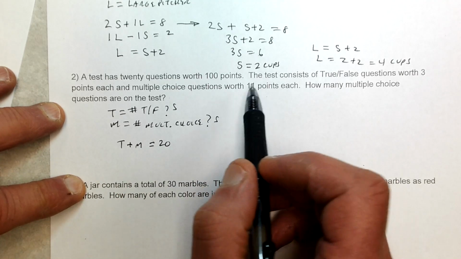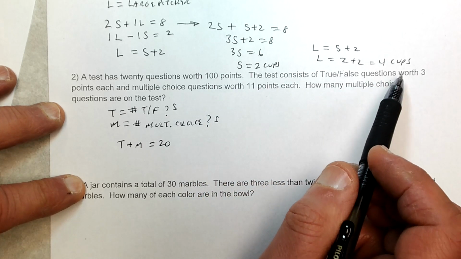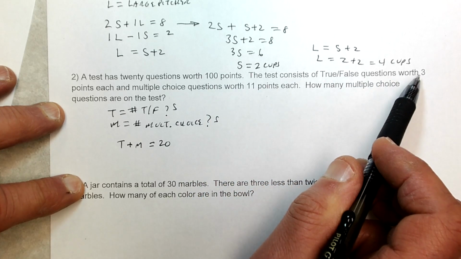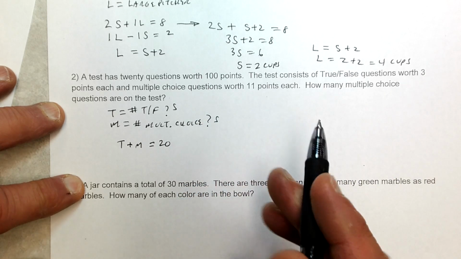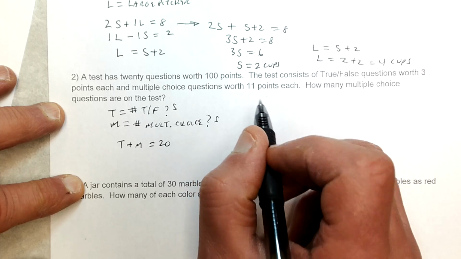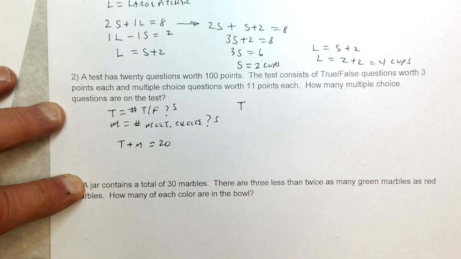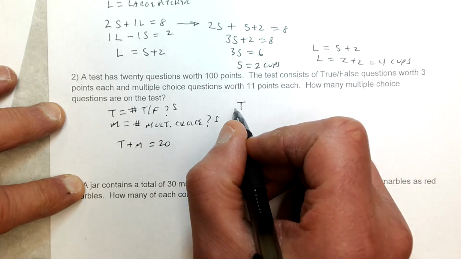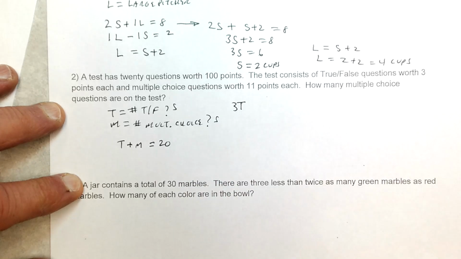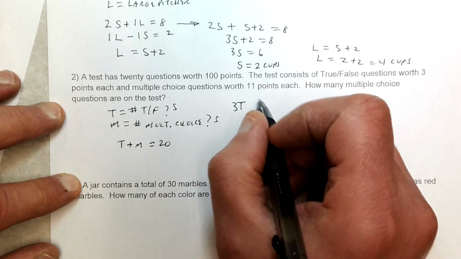But now, with that 100 points, I could say this according to the values associated with true and false questions, 3 points each, and multiple choice questions, 11 points each. I could write a value equation. Every one of those true and false questions, represented by T, times 3 gives the number of points contributed by true and false questions.